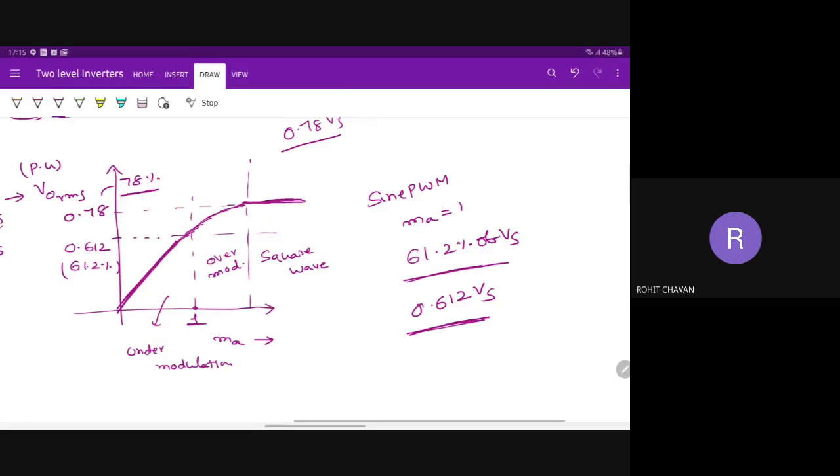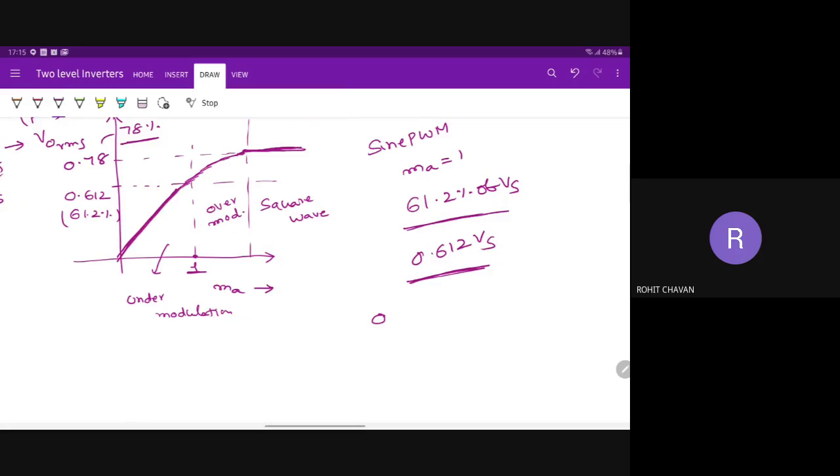When MA varies from 0 to 1, the output voltage RMS value varies from 0 to 0.612 times Vs. This relation is linear.